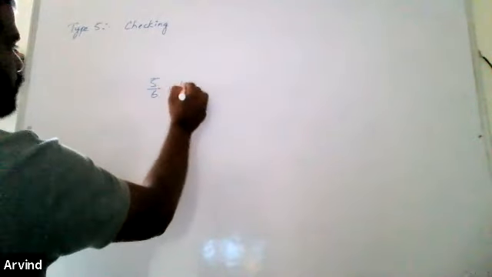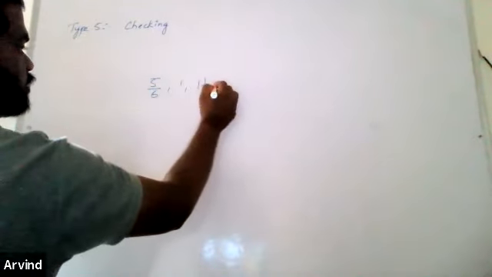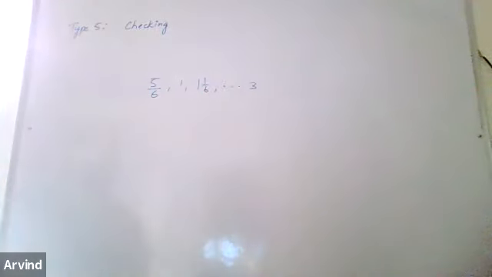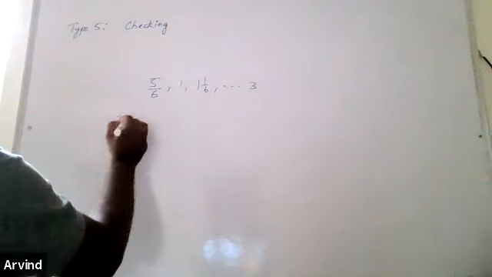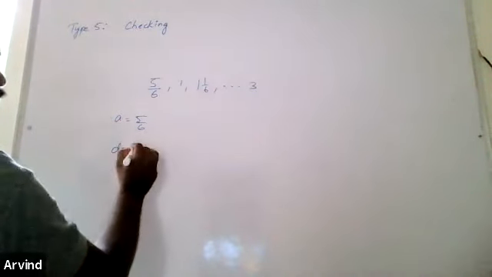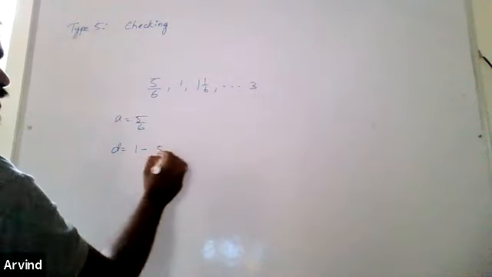Sir, can you show the 11th one, sir? 11th one. Okay, let's do it quickly. 5 by 6, comma 1, comma 1 1 by 6, and so on up to 3, isn't it? It was 3. Okay. So your A value is 5 by 6. Your D is A2 minus A1. Your A2 is 1 minus 5 by 6.